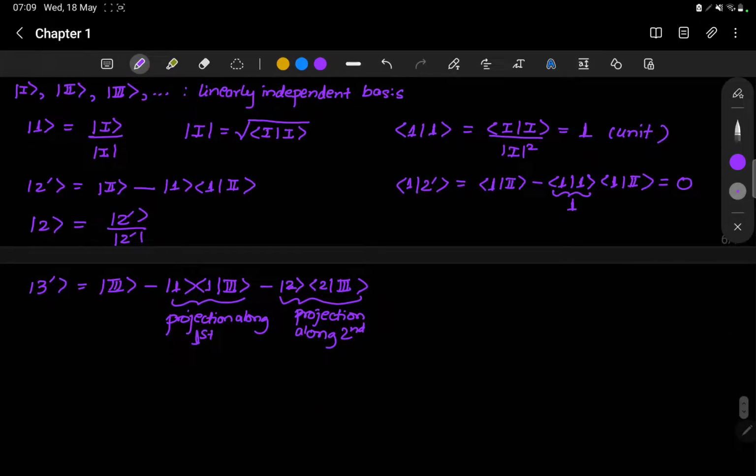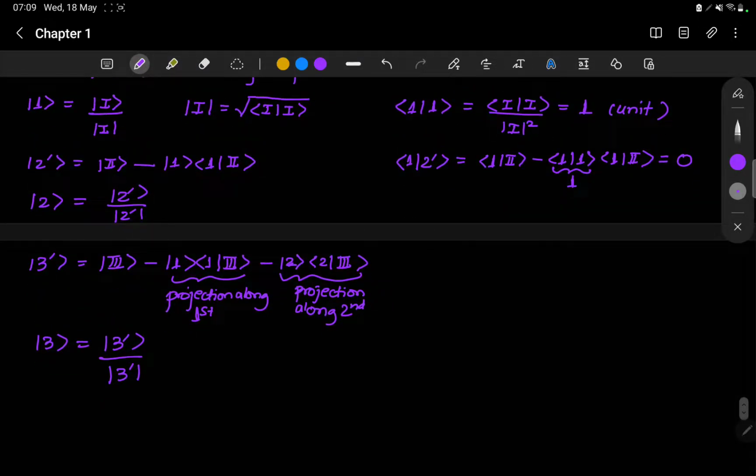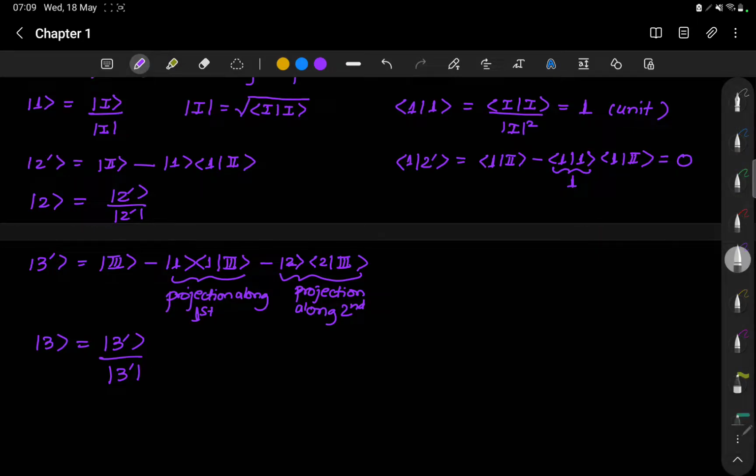So the third vector would then be, what do? The next process is to normalize it. So we will take the vector and divide it by its length. So this is how we will get the orthonormal basis. Now you see what our orthonormal basis is. Our orthonormal basis is given by this 1, 2, all written in the numeric format, and so on.